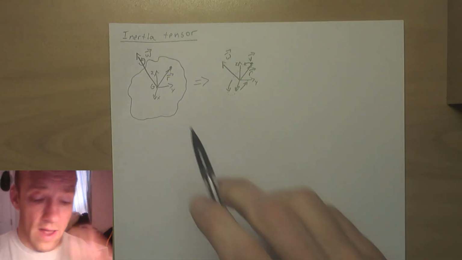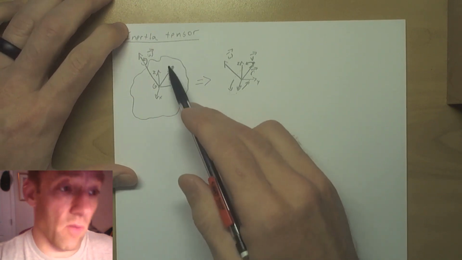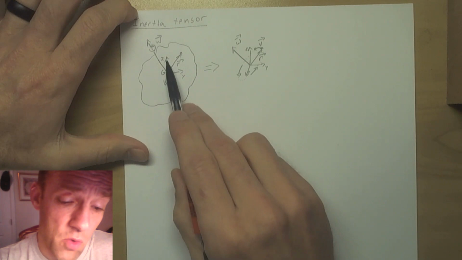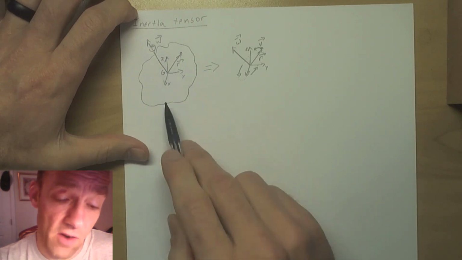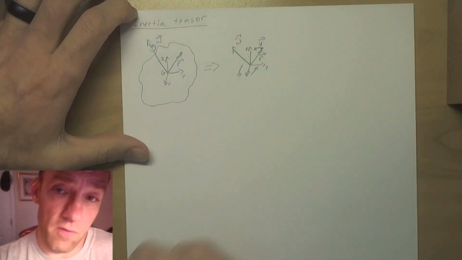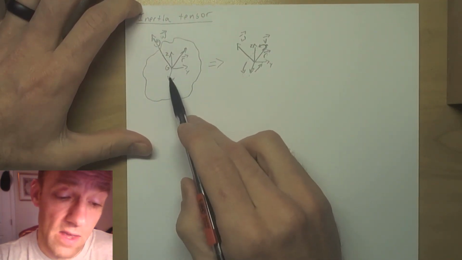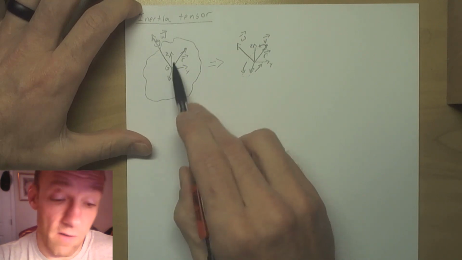All right, and so what I have here is a representation of some random object. And I've chosen, although this isn't strictly speaking necessary, at least for the first part of what we're going to be discussing, to locate the coordinate system at the center of mass, G, of this object.